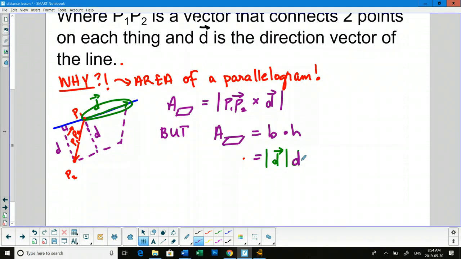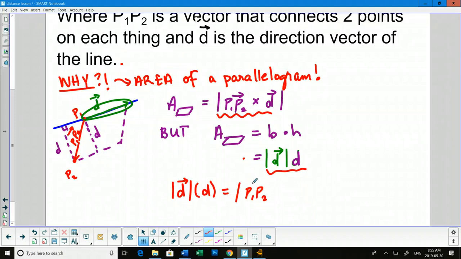So when I set these two things equal to one another, I don't actually want to find the area of a parallelogram, but the area of a parallelogram is what makes this work so that I can isolate for the distance vector. I know that this and this must be equal because they're both equal to the area of the parallelogram. So the magnitude of my direction vector times my distance is equal to the magnitude of the cross product of P1P2 and the direction vector.